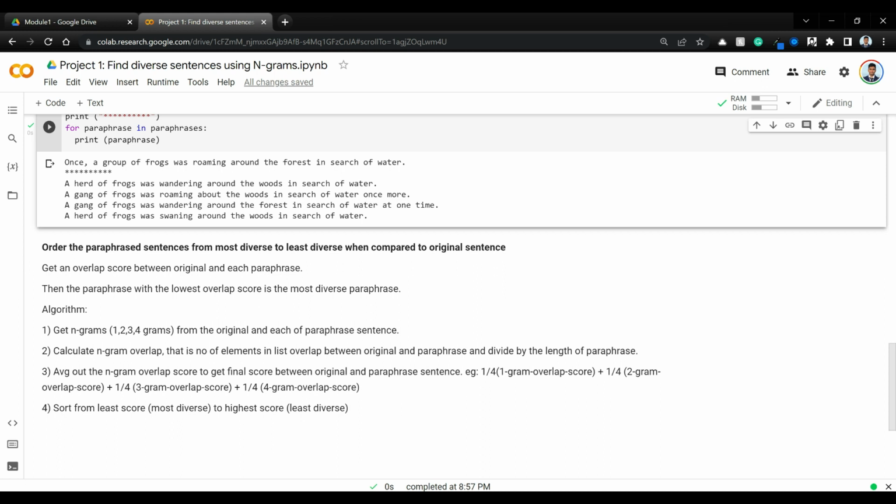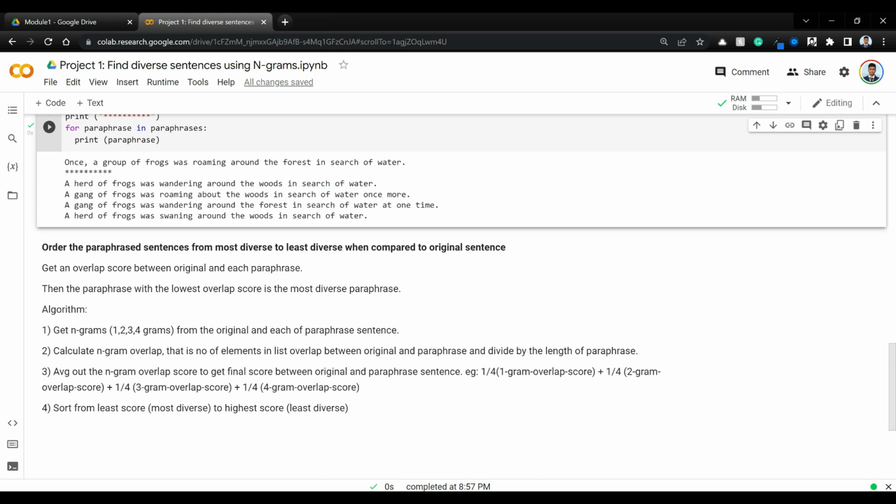Then you can do 4 divided by the total number of words that this sentence has, maybe 10, let's say. So 4 divided by 10 is the unigram similarity score when compared to the original sentence. Similarly, you can do it for bigrams, trigrams, 4 grams, where you find the overlap score and divide by the total number of n-grams for that corresponding n-gram.